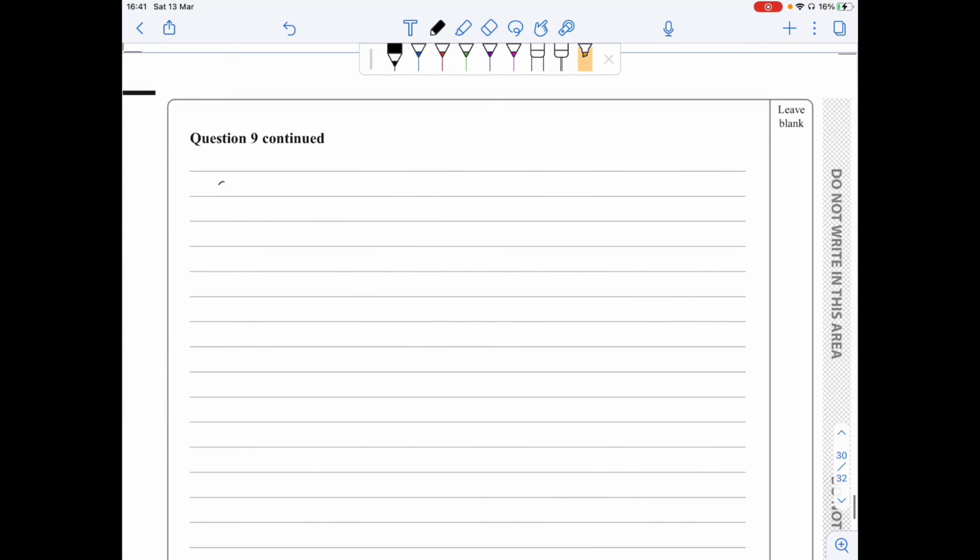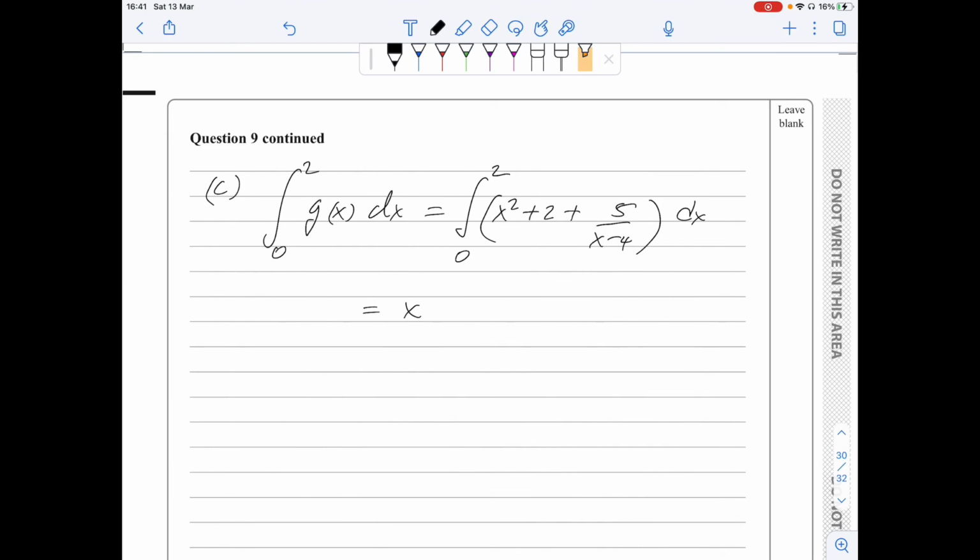To find the area in part C, I will have to integrate. So the integral of g(x) dx between 0 and 2. This is equal to the integral of x² + 2 + 5/(x - 4) dx. And the integral of this is x³/3 + 2x + 5 ln|x - 4| between 0 and 2.